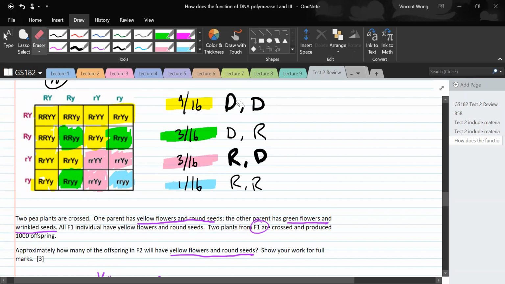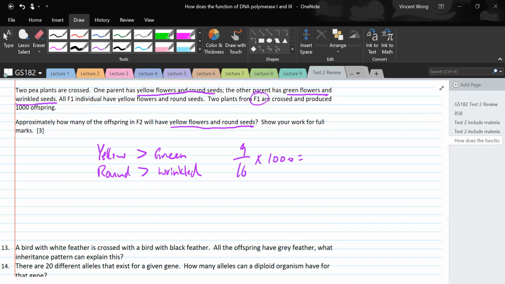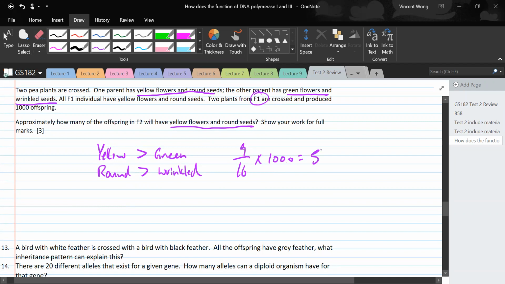So dominant is 9/16. So you're gonna do 9/16 times 1,000 because it says 1,000 offspring. 9,000 divided by 16 is 562.5.